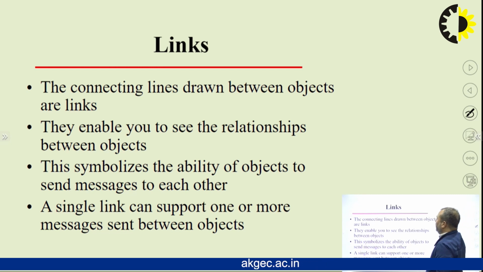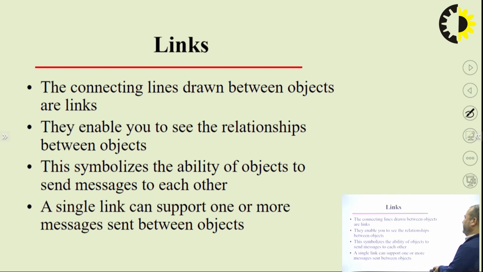Links are the connecting lines drawn between objects. Links and associations are almost the same. Association means communication with different objects. They enable you to see the relationship between objects. This symbolizes the ability of objects to send messages to each other. A single link can support one or more messages sent between objects.